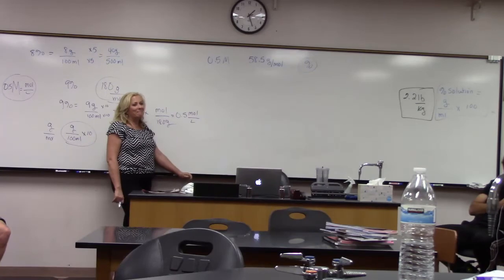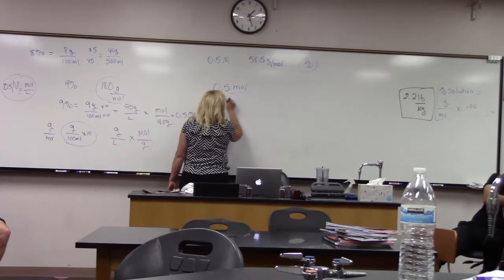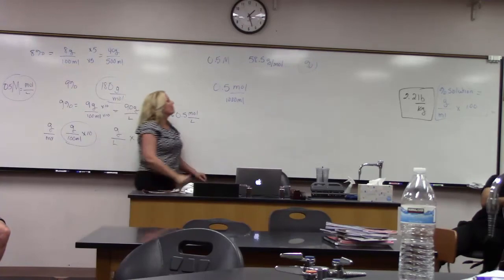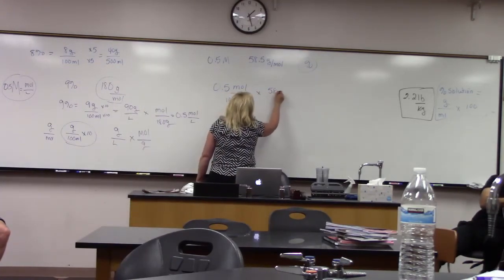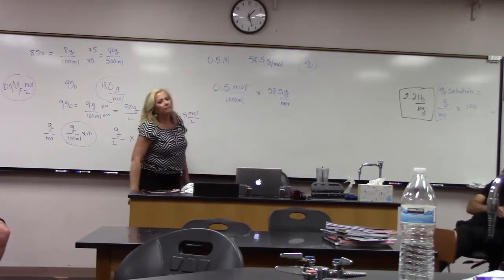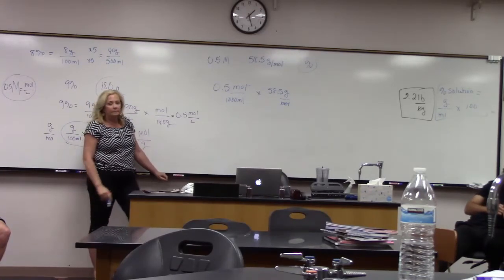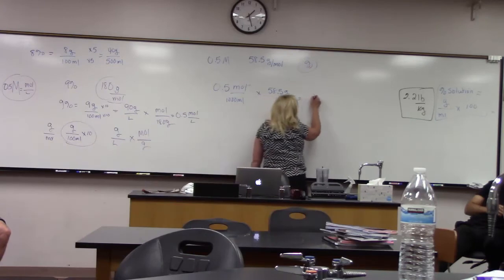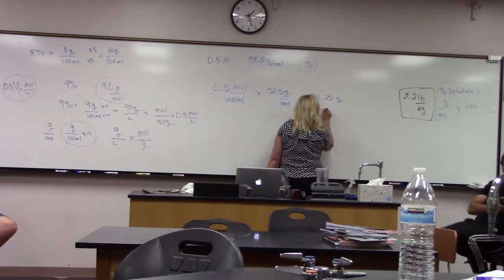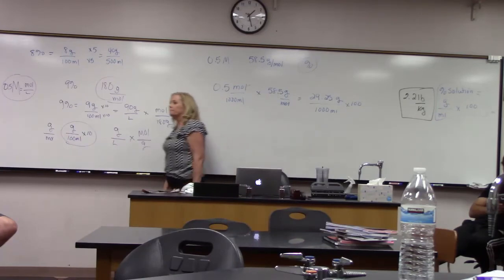So how do I set it up? 0.5 moles per 1,000 milliliters times 58.5 grams per mole. Moles will cancel. So what is 58.5 times 0.5? 29.25 grams. And that's going to be grams over 1,000 milliliters times 100. And that should be your percentage.